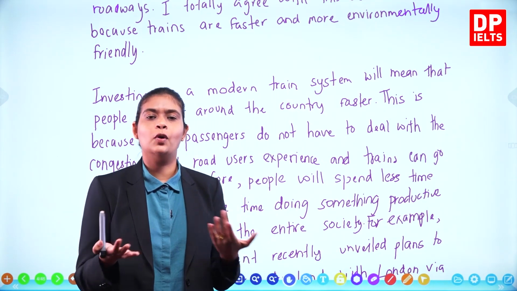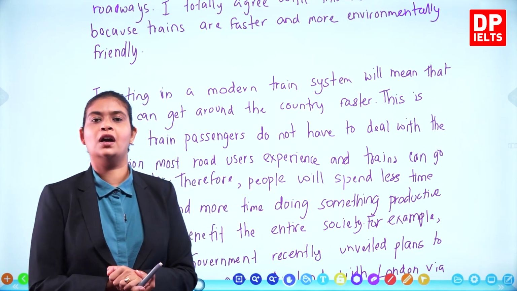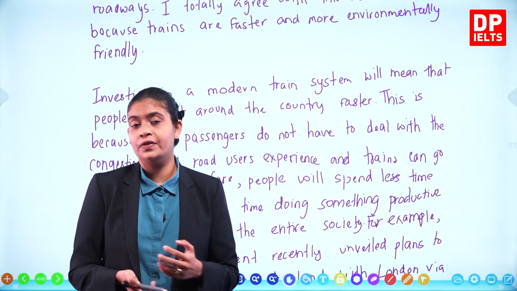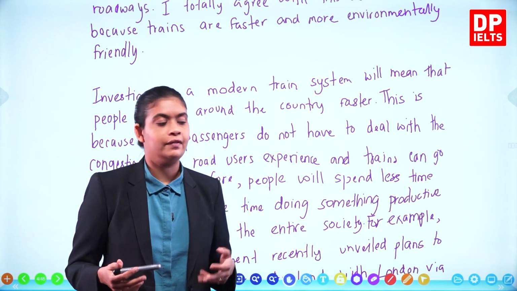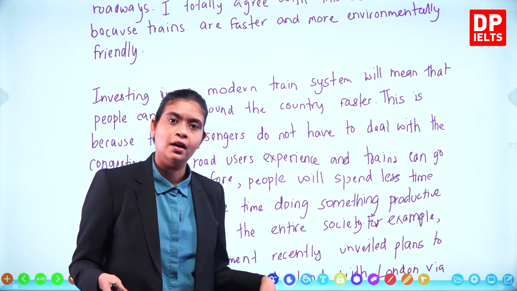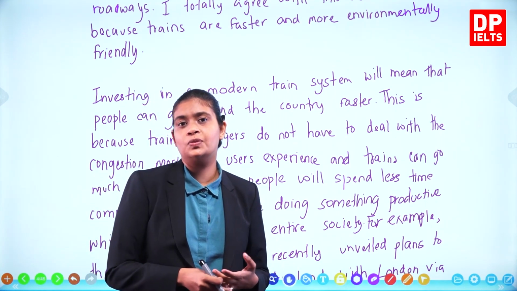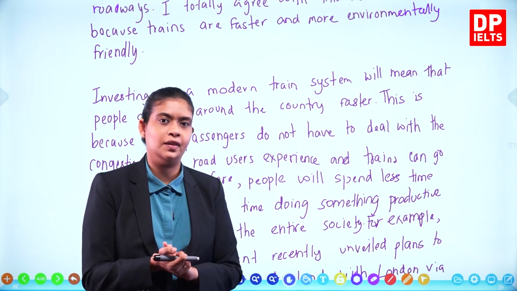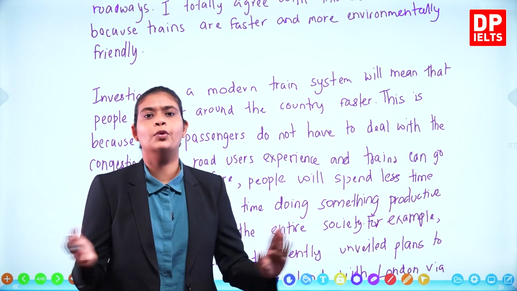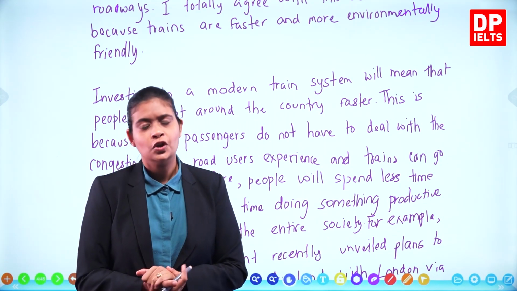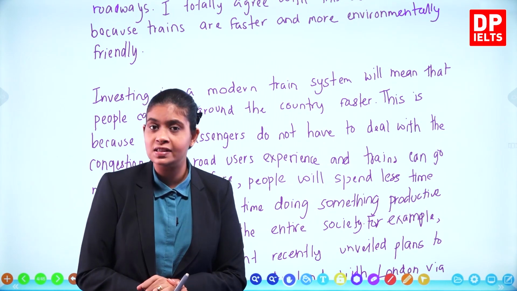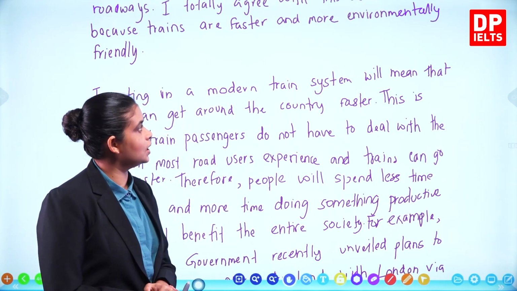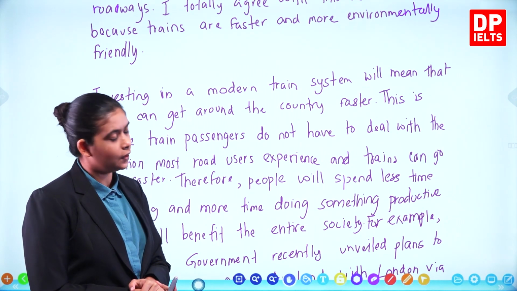You don't have all the congestion that you have with all the cars and vehicles on the road. And the other reason is it's obviously much more environmentally friendly, because of the way the engines are. Some of you can also say that it carries more passengers at one given time. So rather than a bus, a train can carry far more passengers. So it could be much easier, faster, reliable. So I feel that the train system should be developed.